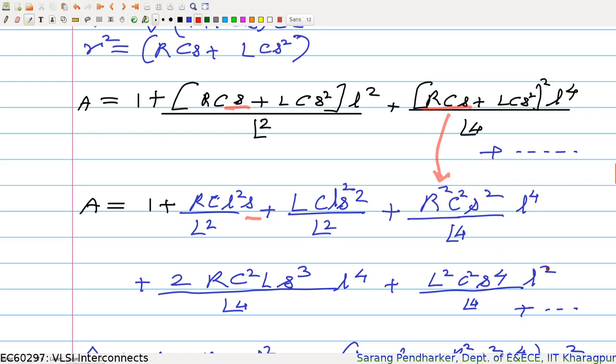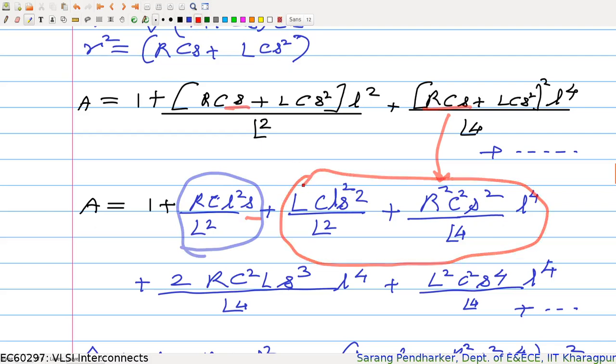This is not L square, this is L to the power 4, and so on, right? So what we are interested in is that we have a term of S in here, and we have a term of S square in here.